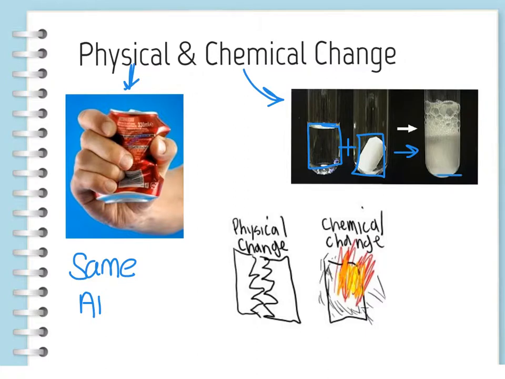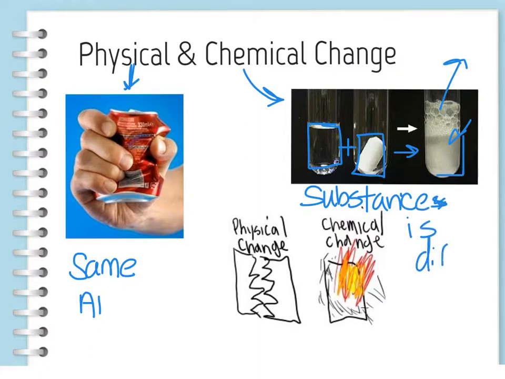And you can see if you look into the bottom of this test tube, the chalk is reacting, causing this gas to escape, and we have a different liquid, and this is how the substance is no longer the same, and we can't reverse it. So it is now different.